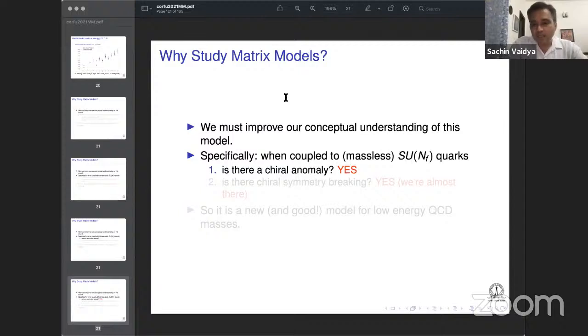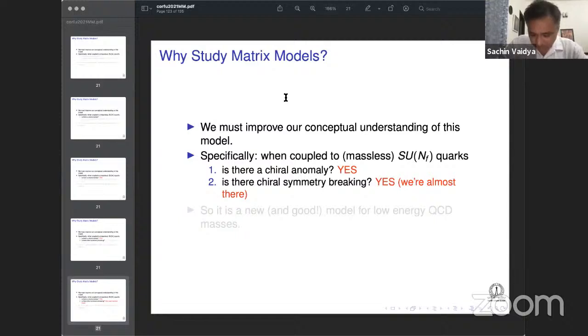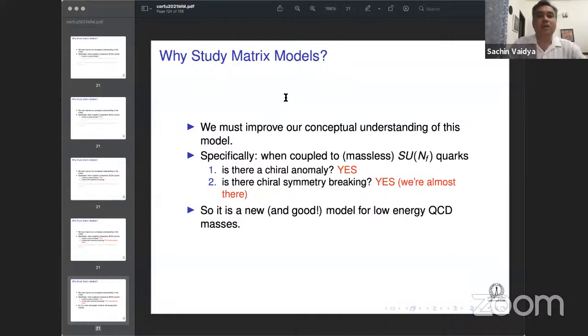And more interestingly, is the SU(N_F) left cross SU(N_F) right broken to SU(N_F) diagonal? In other words, is there chiral symmetry breaking? And again, to that, the answer is yes. We are almost there, but we have a few i's to dot and t's to cross, so to speak. But it looks like what we have is a new and a fairly good model for attacking the problem of the QCD masses, at least at extreme low energy or super strong coupling.